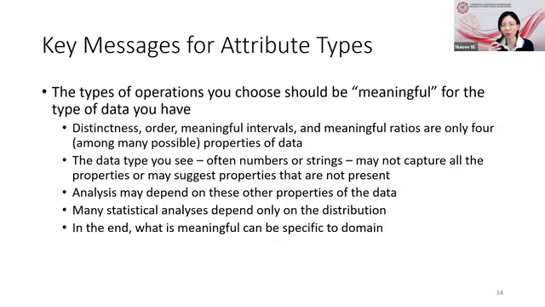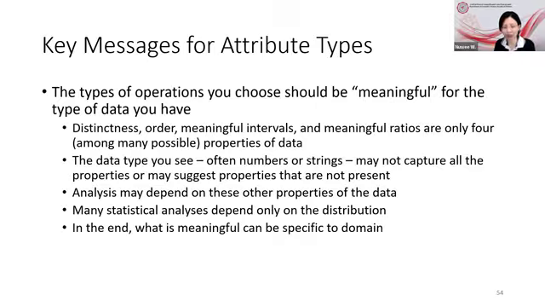So you need to take what you see and come up with the insight of what the attribute type is, because the analysis that we do later on will depend more or less on these properties of data.